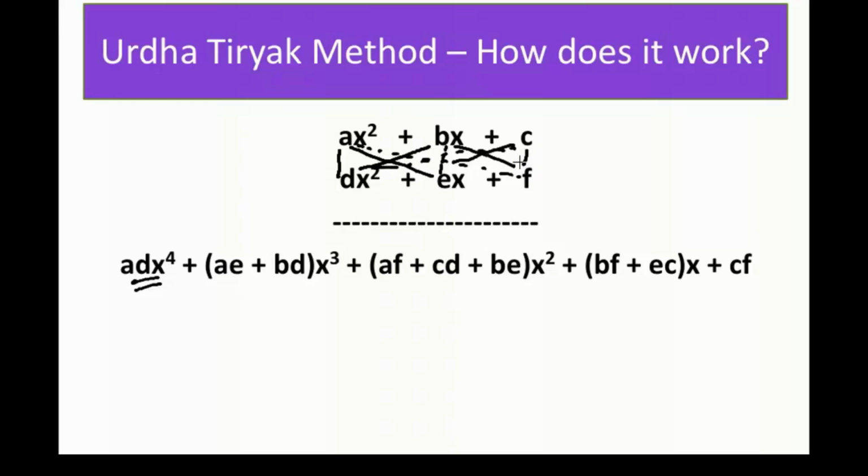Similarly, to get the coefficient of x², I multiply af, cd and be. And similarly, to get the coefficient of x, multiply bf and ec, and to get the coefficient of x to the power 0, or the term without x, multiply c into f.